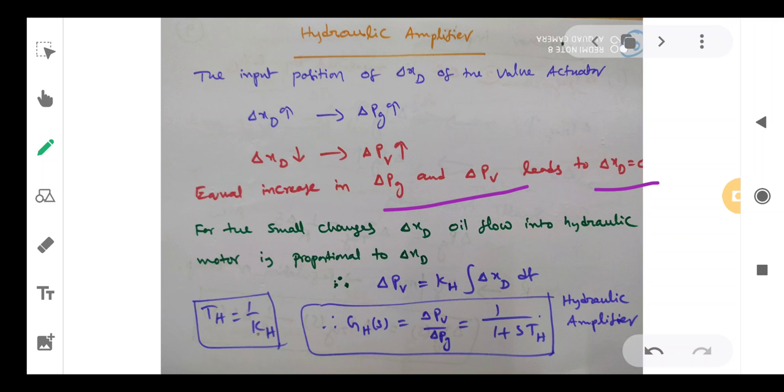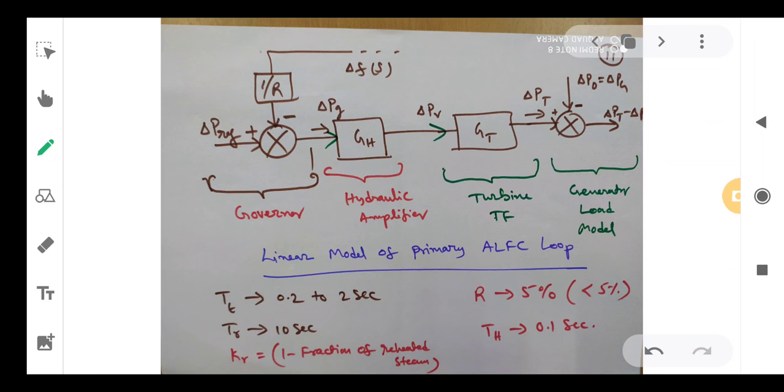By using that, you get Gh, the transfer function of the hydraulic amplifier, equal to 1 by 1 plus S into Th. Now, these are the governor inputs equation and the hydraulic amplifier.